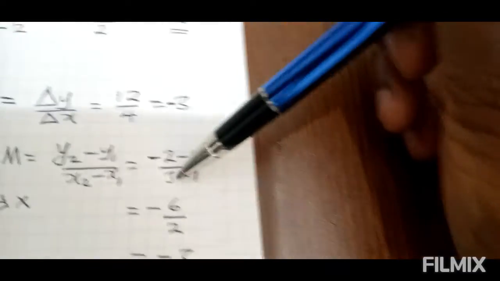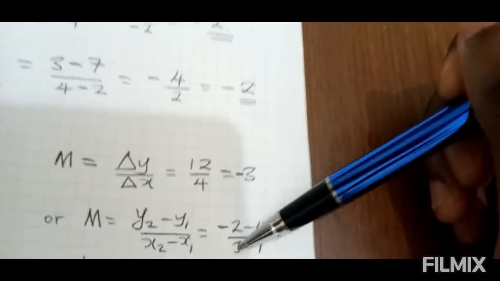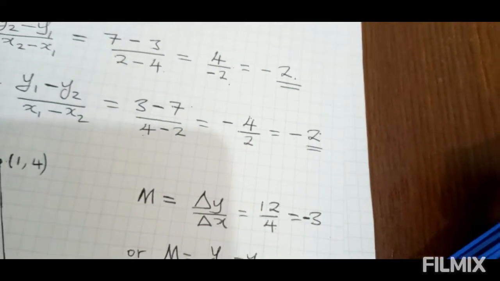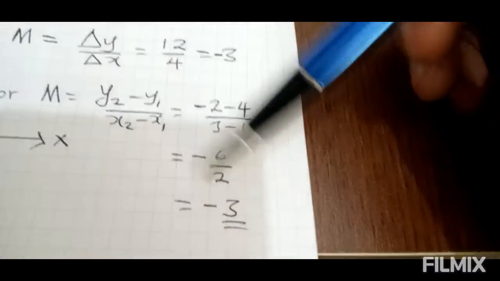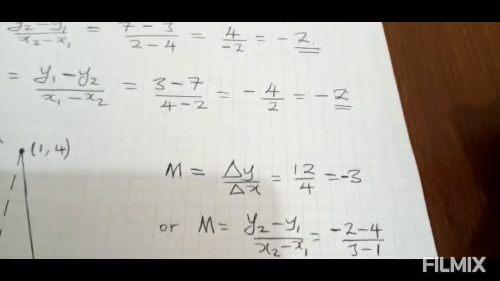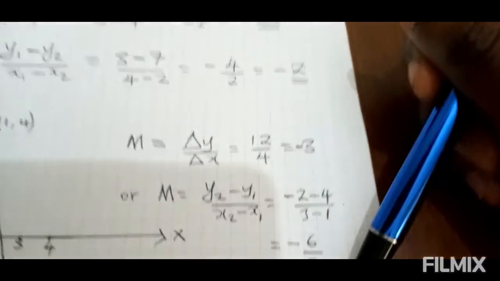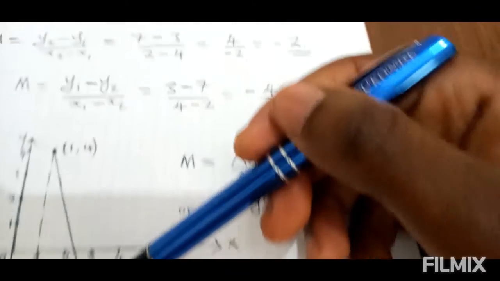Then our x2 is 3 minus x1, which is 1, so 3 minus 1. So we have -6 over 2, which is -3. So this is our gradient. It's the same, -3. We have solved it by the formula or by just counting the number of boxes.